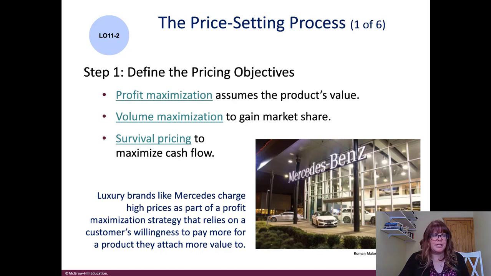Volume maximization is the process of setting prices low to encourage a greater volume of purchases. And then survival pricing involves lowering prices to the point at which revenue just covers costs, allowing the firm to endure or survive during a difficult time.